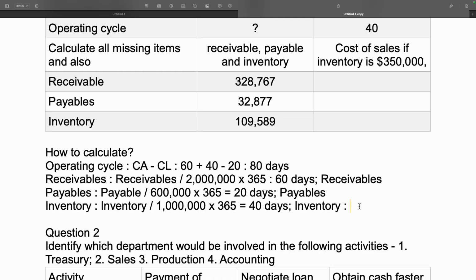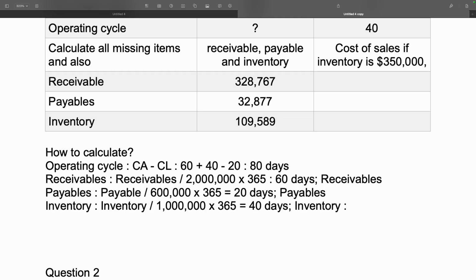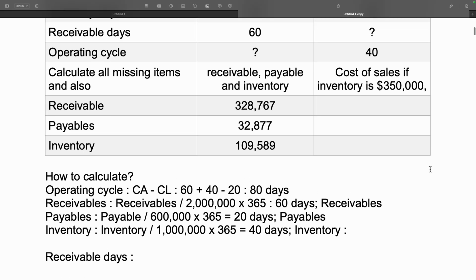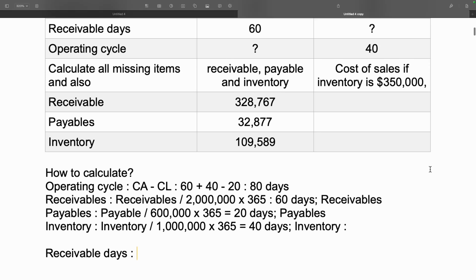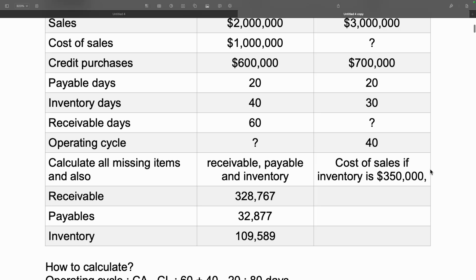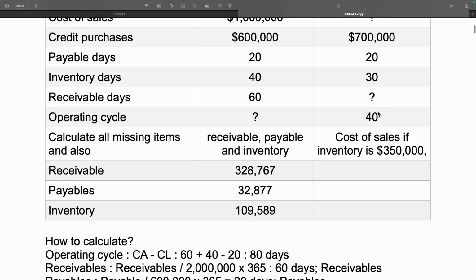So, second part. Well, you know this one, 30.